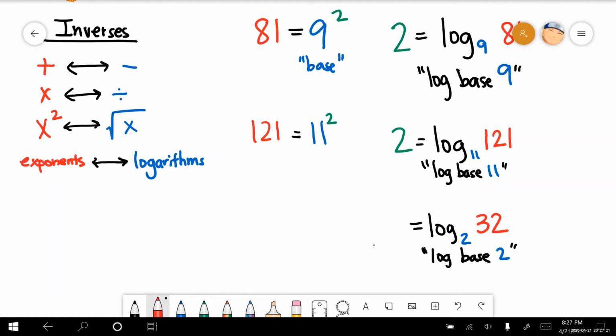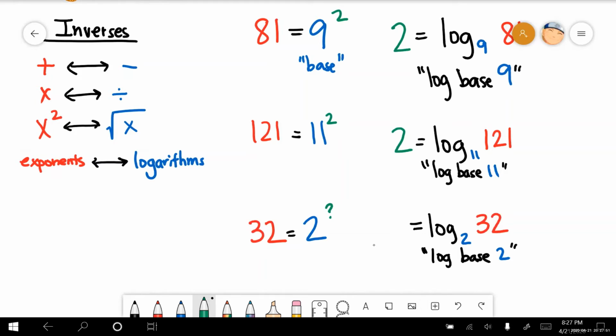So to write out the inverse of this, we've got 2 and we've got 32, and now we are wondering with great distress, what exponent do I need there to achieve 32? 2 to the what power gives me 32? We can sit here and think a bit, and some of you who are really savvy with your exponents might already have an answer for us.